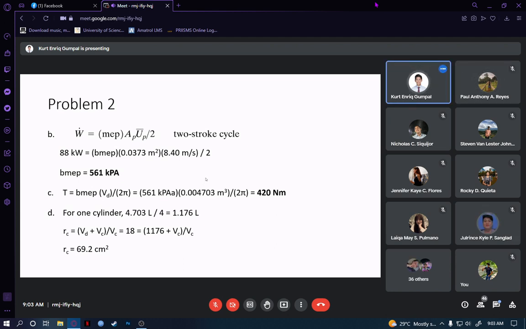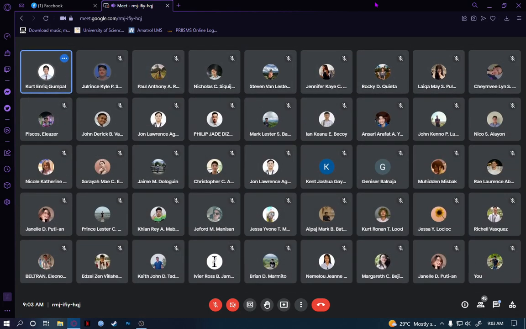Okay. Sige. Let's try it again with another problem. Kamu na pod. Okay? You have an 8-cylinder 2-stroke diesel engine na wala pa din na share.